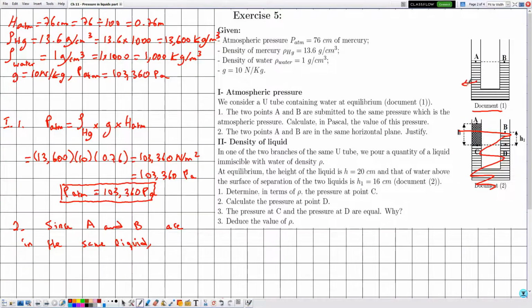So this liquid represents water at equilibrium for sure, and submitted to the same pressure, which is the atmospheric pressure. Then A and B are in the same horizontal level or horizontal plane.